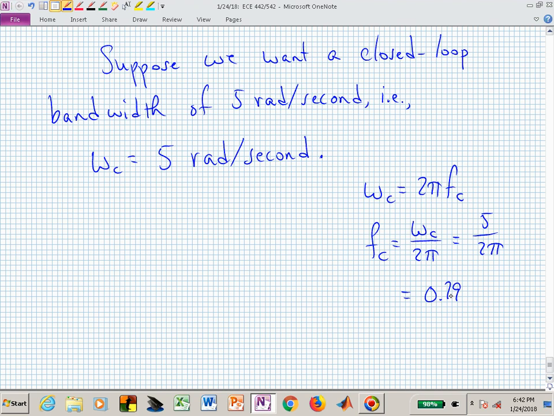This is now 0.7978 hertz, or cycles per second, or samples per second. Maybe it's easier to think about frequency in samples per second. So this is now not at 1 hertz, it's a little slower than that. This closed loop bandwidth of 5 radians per second.